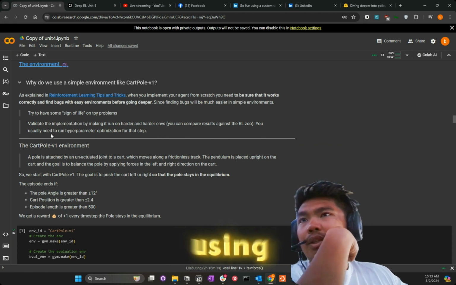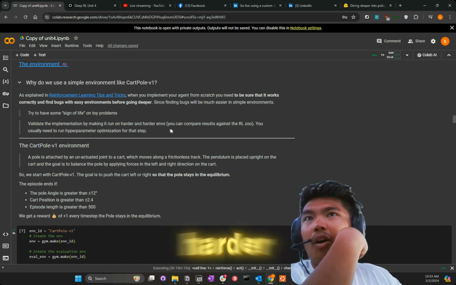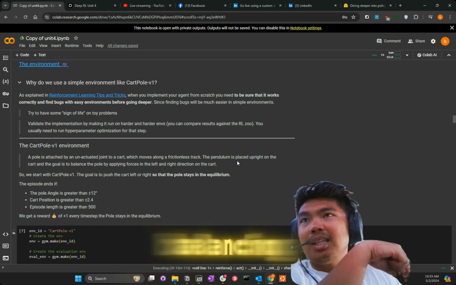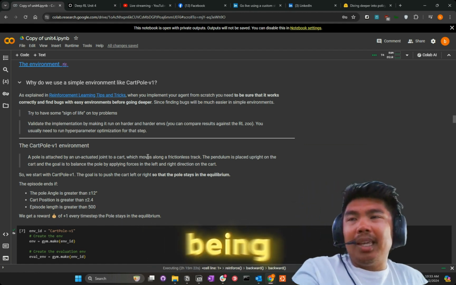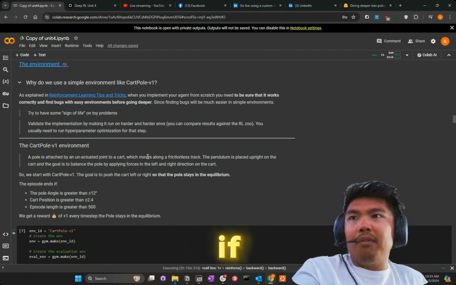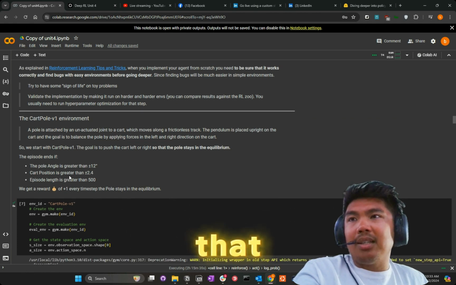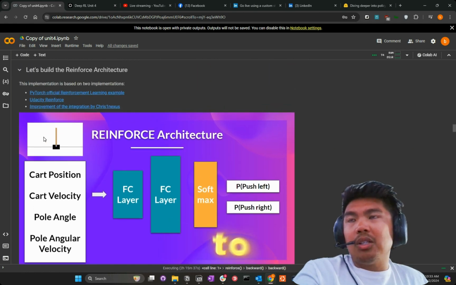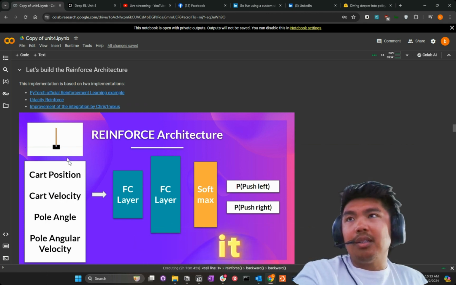Some of the reasons for using this environment is to have a sign of life on toy problems, validation by making it run on harder and harder environments. So balancing a pole on a cart, having an AI being able to do that, you would not be able to just code out 'if angle is greater than 12, go right,' because it's this ever-evolving environment. When that pole is leaning much to the left, you'll have to have a bigger correction on your cart to fix it.